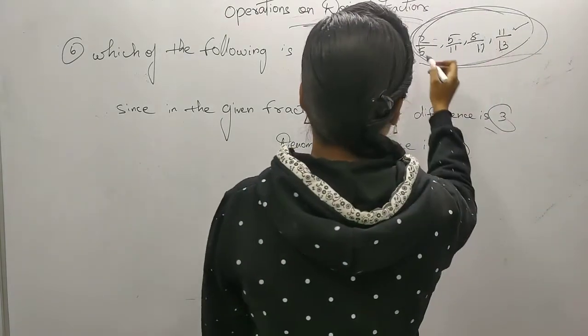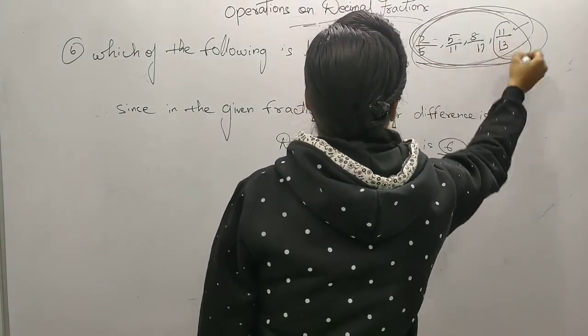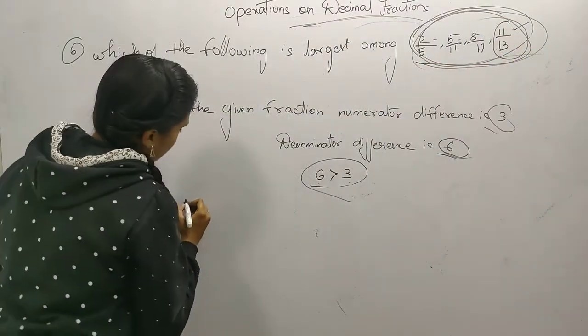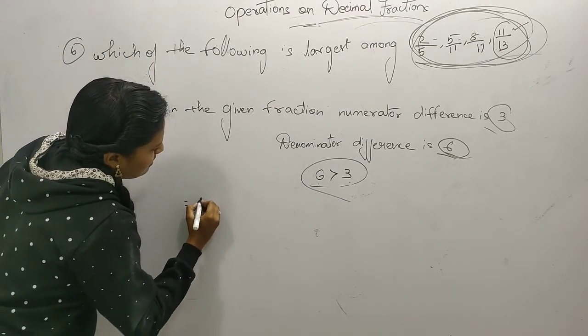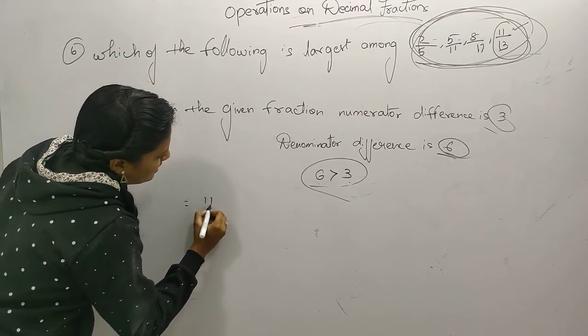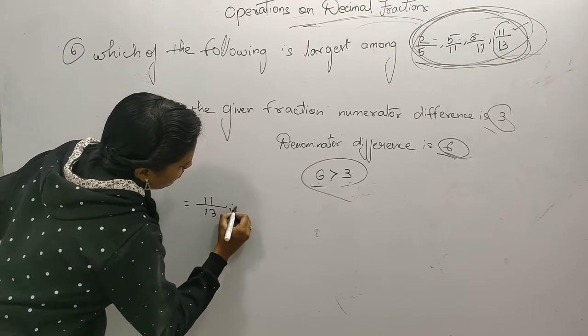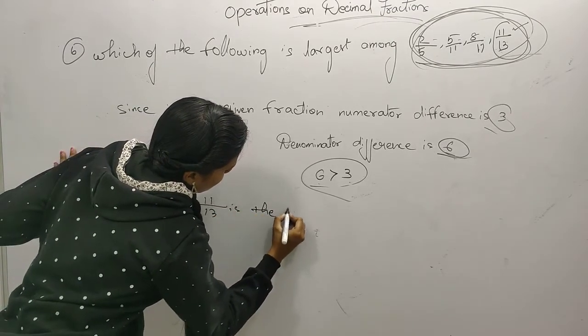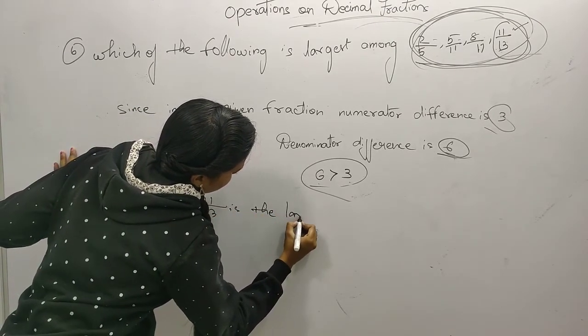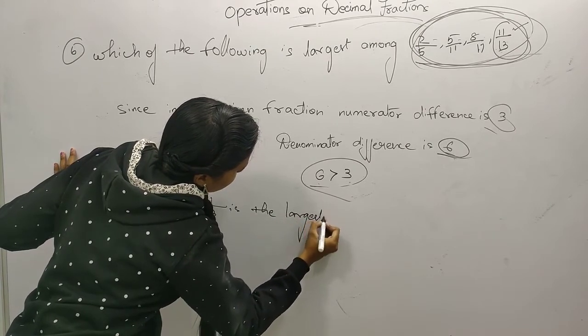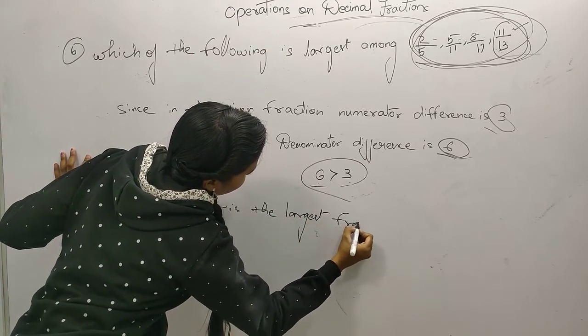Which is the largest numerator here? 11 by 13 has the largest numerator, so the largest fraction is 11 by 13.